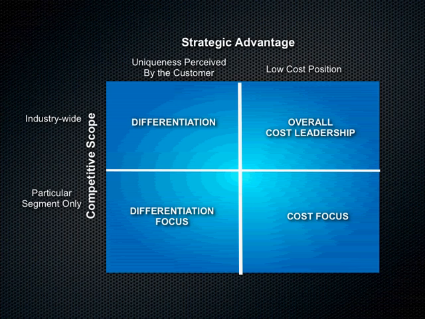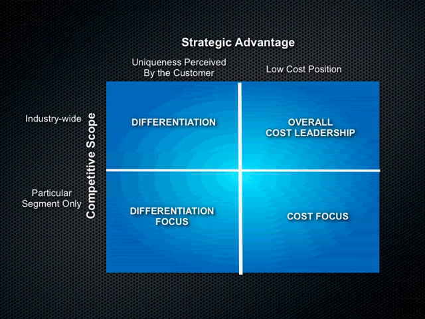Differentiation in an industry-wide competitive scope, meaning the entire industry, means that the product or service that the company is providing is perceived to be unique by the customer. This is compared to the low cost position, to the right, where within an industry the competitiveness of the company is a function of trying to be the low cost provider.